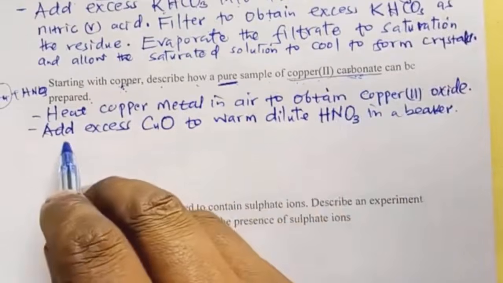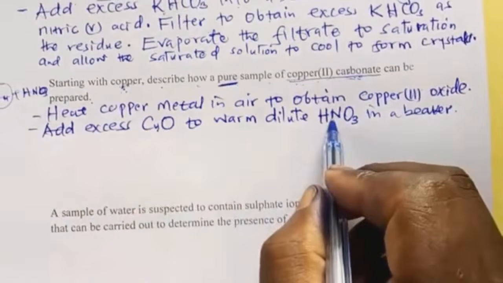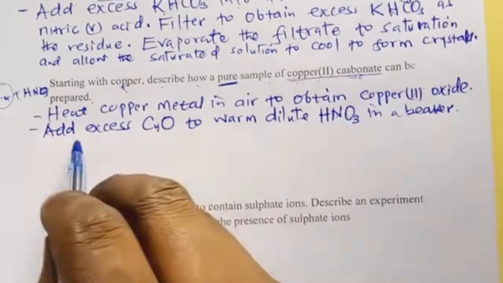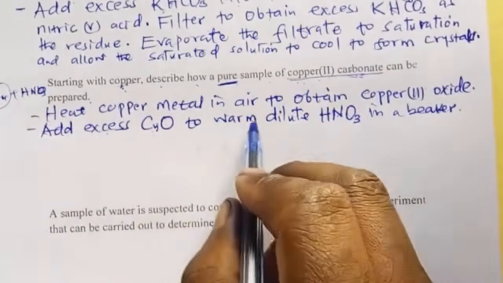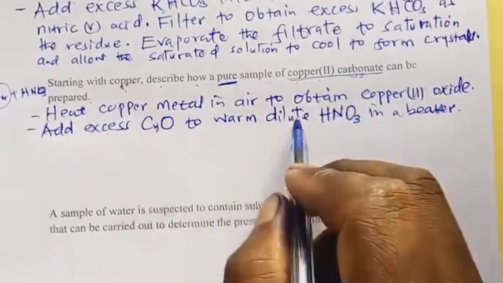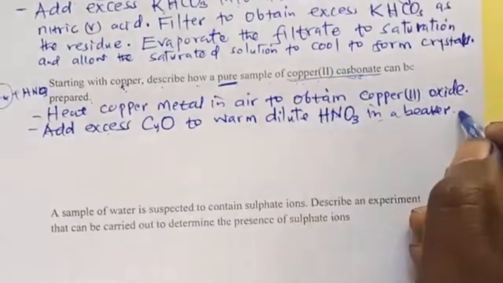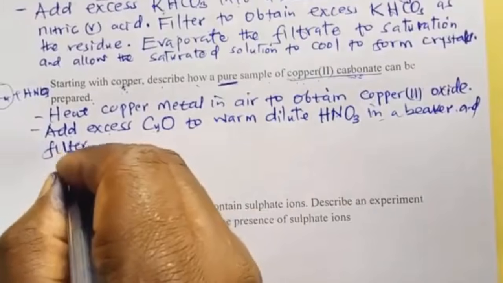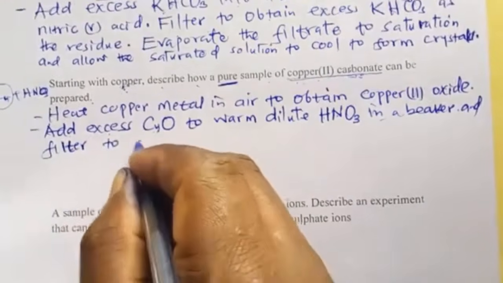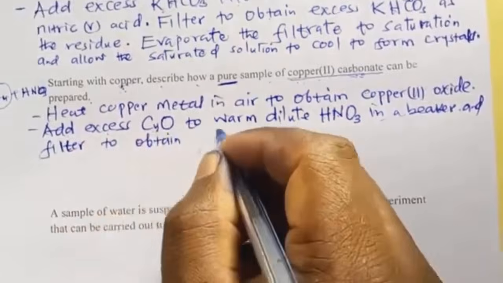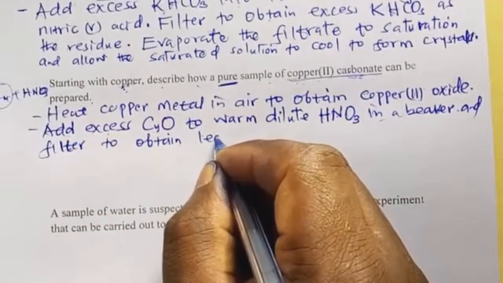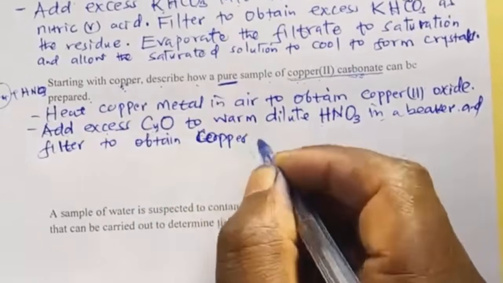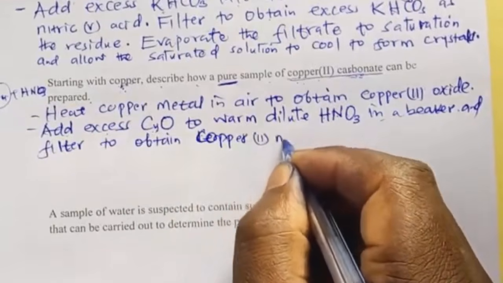You have made now copper nitrate. We need that copper nitrate. Since we have excess copper 2 oxide, we need to filter to obtain the copper 2 nitrate only.